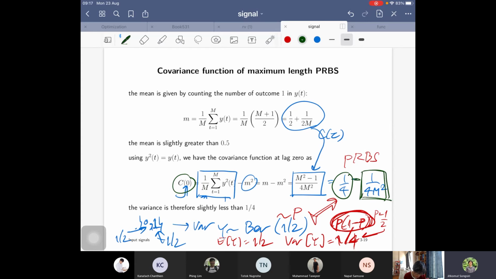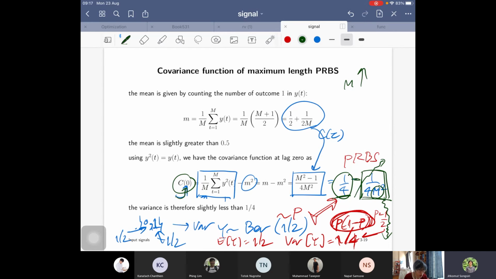That other term is close to 0 when m is large. Everyone agrees? When m is big, this term decreases, so your covariance at lag 0 is close to 1/4, just like the variance of a Bernoulli random variable.